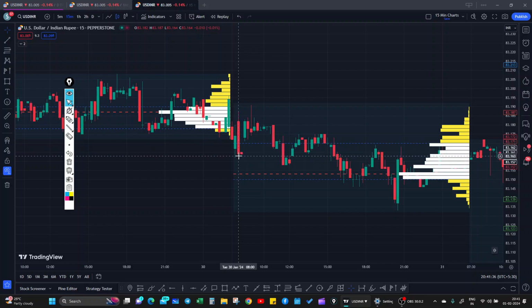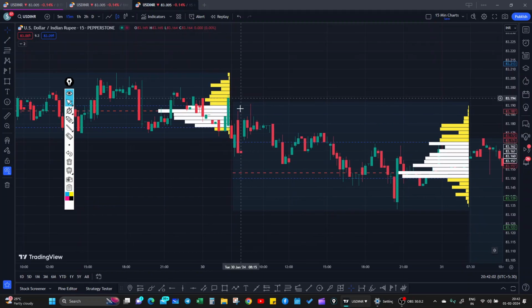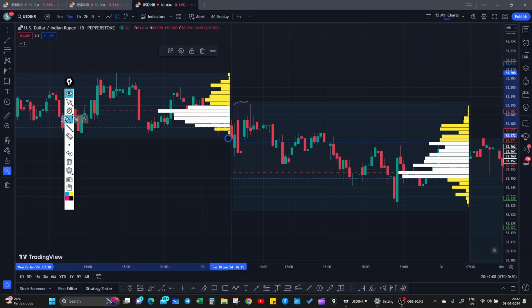Again it started moving down, but still there's no breach of the overall thing. So you would have taken with this candle, putting your stop loss above the POC, because usually it wants to test the POC. So this is a POC line. You would have taken this trade above this POC somewhere here, and there is a good move.